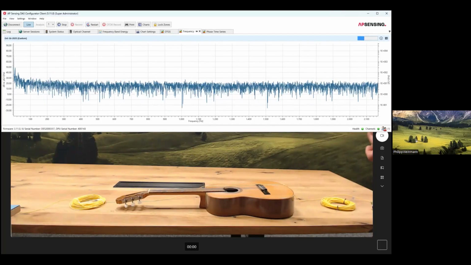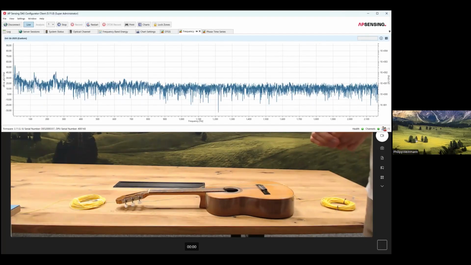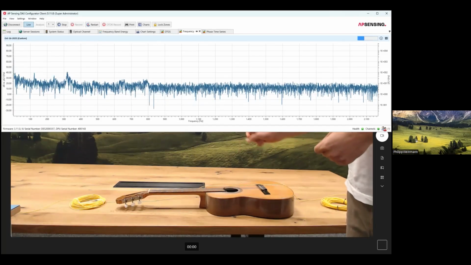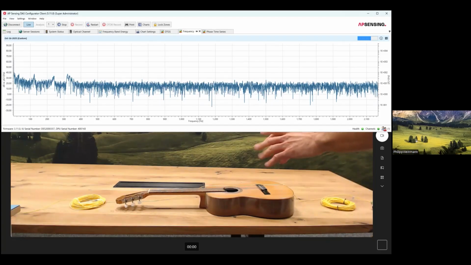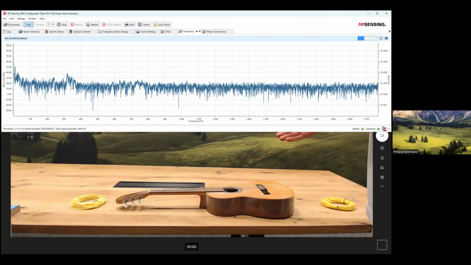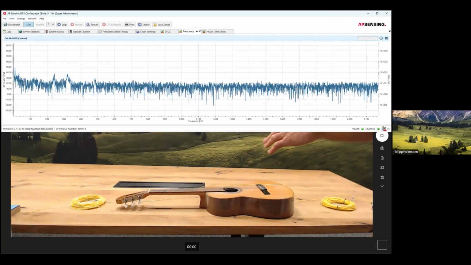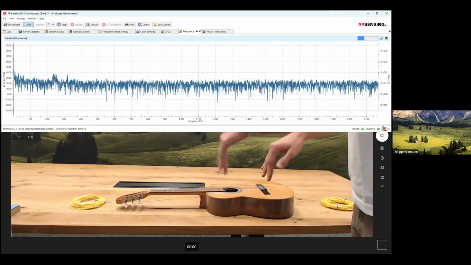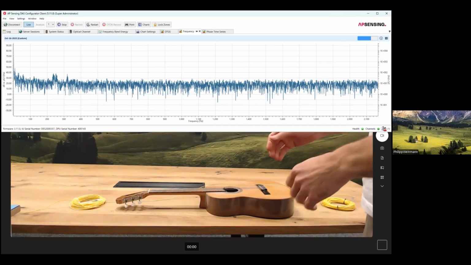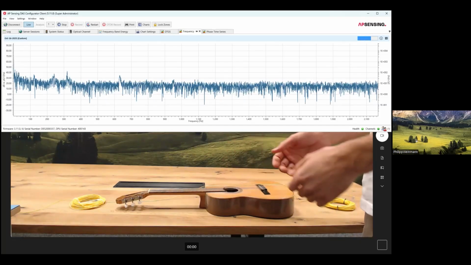Now, what I will do next is that I want to look at how the phase of the backscatter signal from this fiber position, from the guitar, is evolving in time. And what I expect is that since the guitar is vibrating up and down, the fiber will be stretched and compressed periodically.